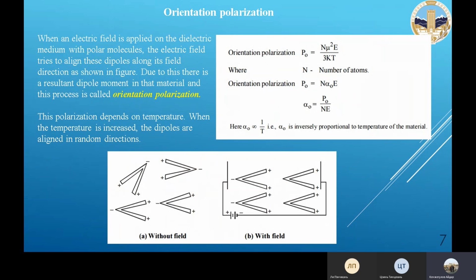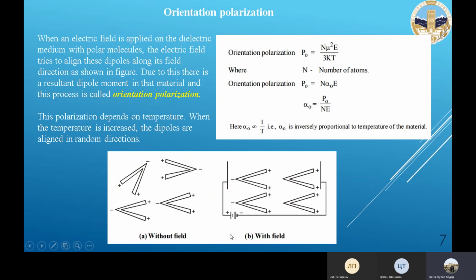Next, orientation polarization. When an electric field is applied on a dielectric medium with polar molecules, the electric field tries to align these dipoles along its field direction as shown in the figure, this one.